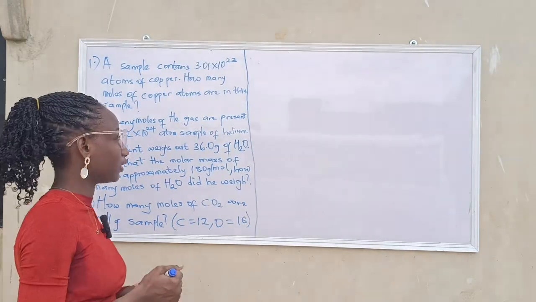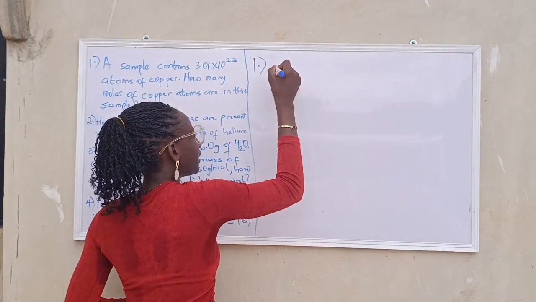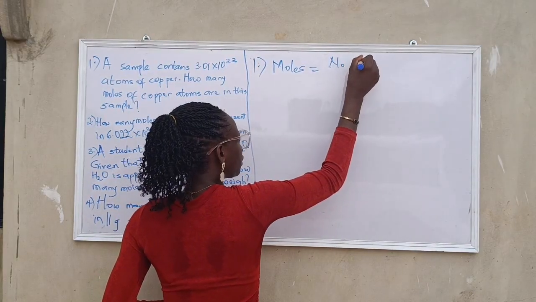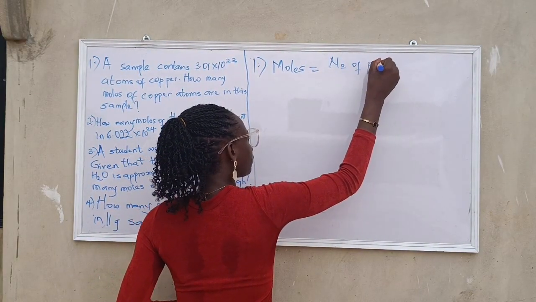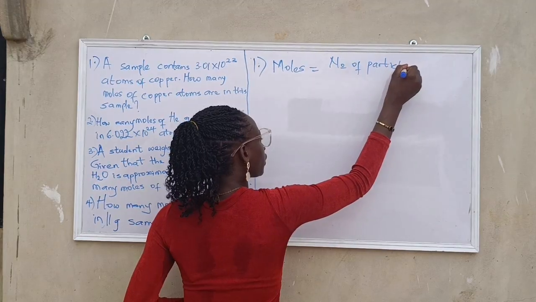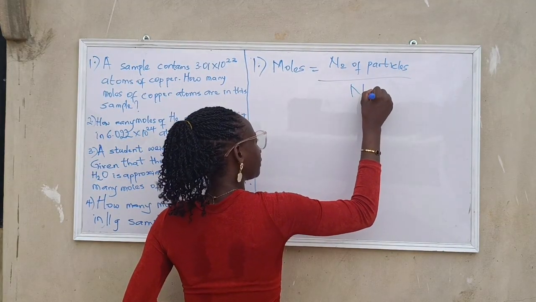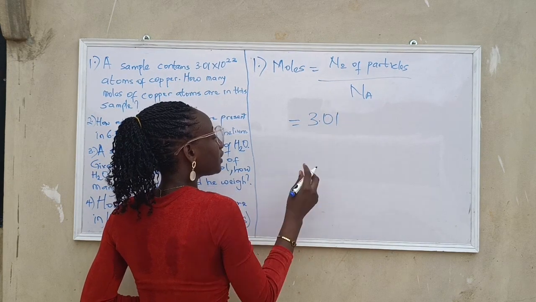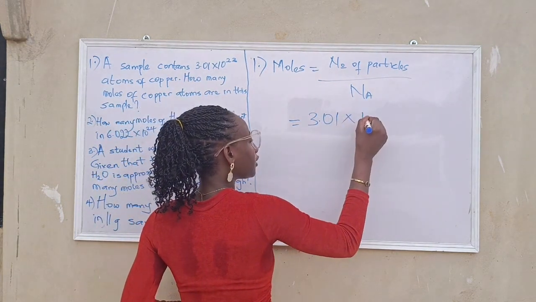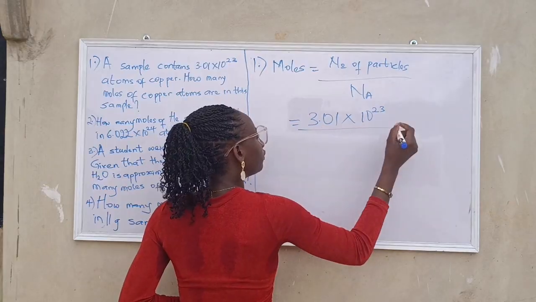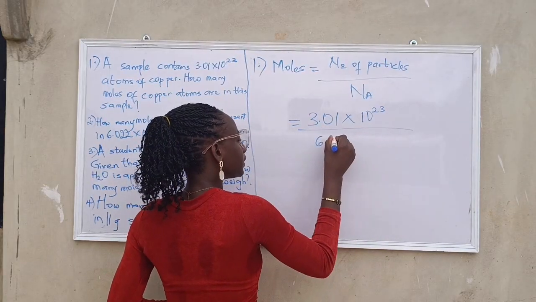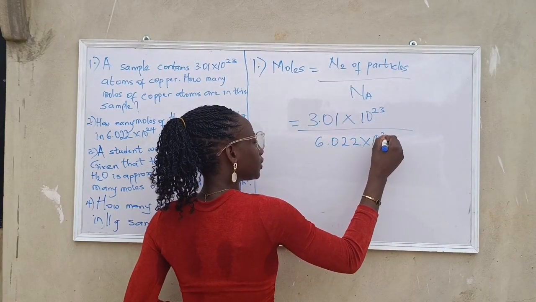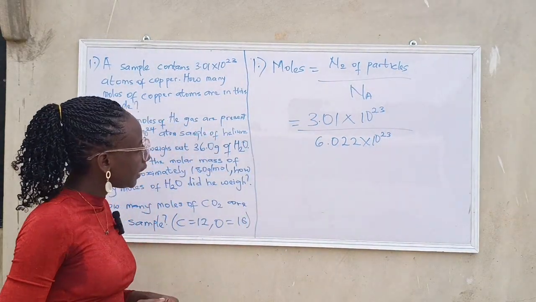Definitely, we know the formula we are going to use: moles is equal to number of particles over Avogadro's number. The question gave us 3.01 times 10 raised to the power 23 over 6.022 times 10 raised to the power 23.